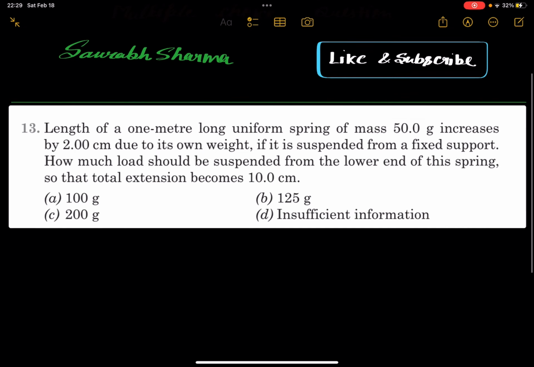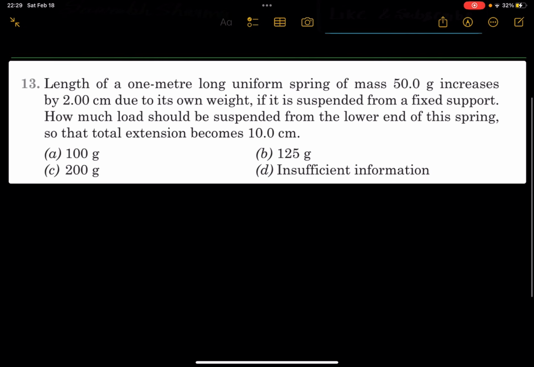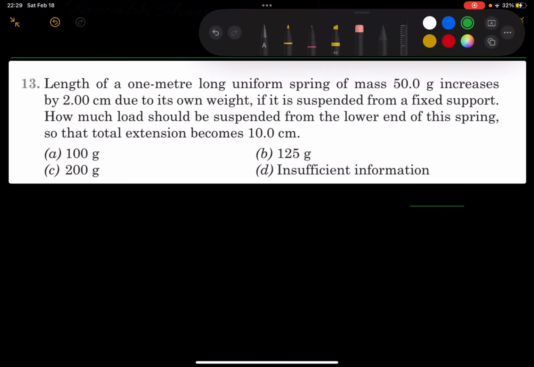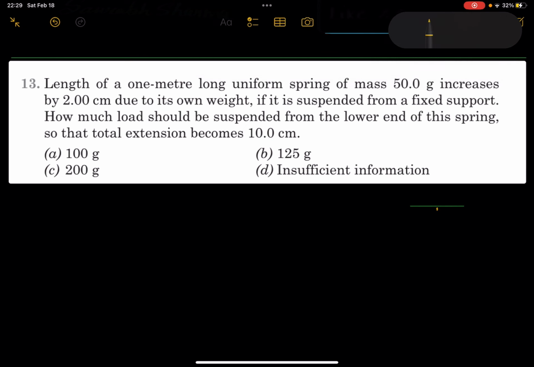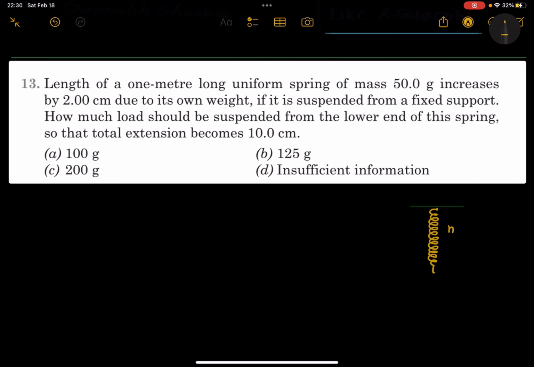Okay, so what the question is saying, I want to explain. First of all, you can say that here one spring is attached. This spring is the massful spring. It has a mass, let's say small m, and some natural length L. But because of its own weight, some extension will happen.